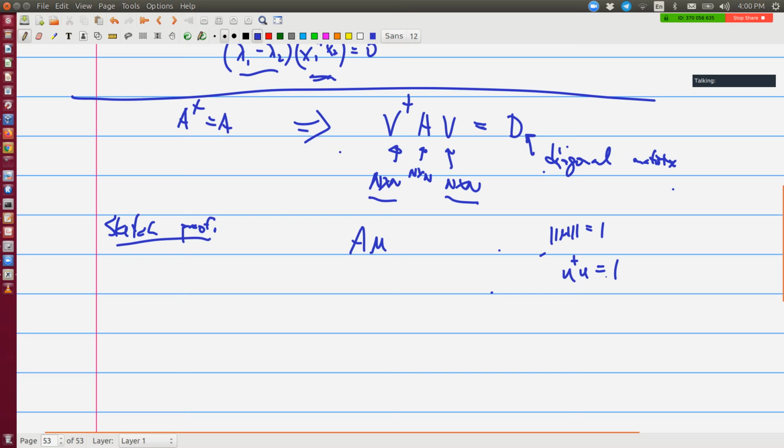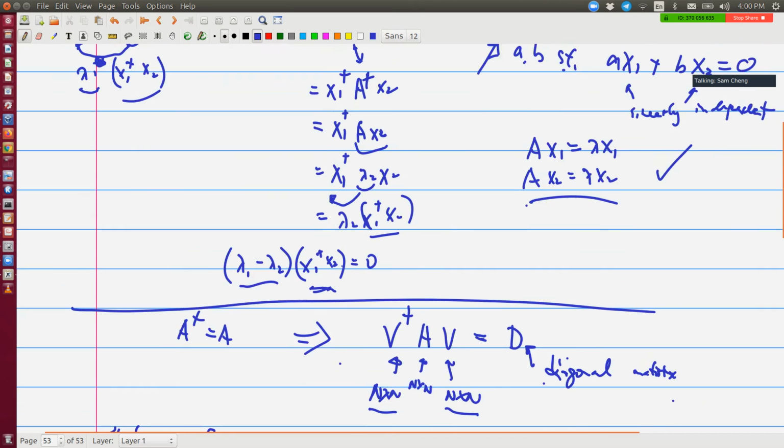When U is normalized, U without normalization is an eigenvector, and it's still an eigenvector after scaling. We showed this up here.